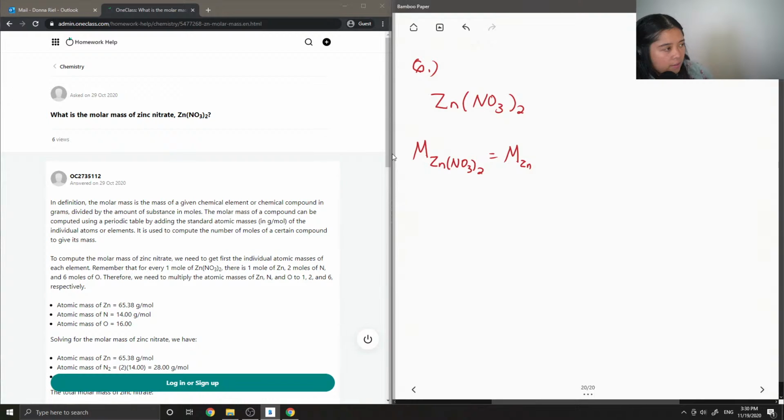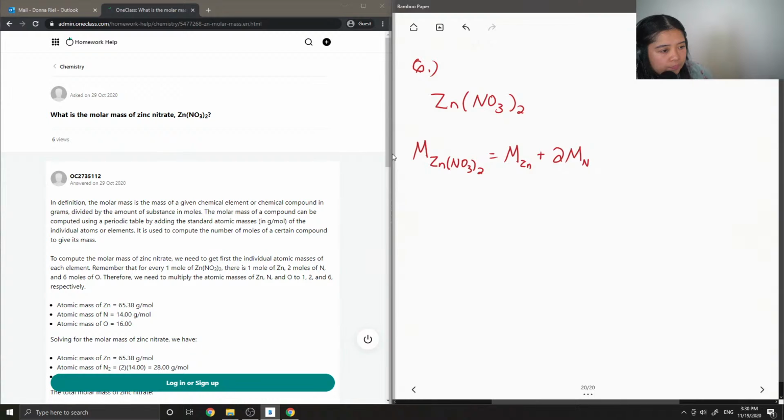And to calculate the molar mass of this compound, it's going to be the molar mass of zinc plus 2 times the molar mass of nitrogen, since you can see the NO3 ion, there's 2 of them.